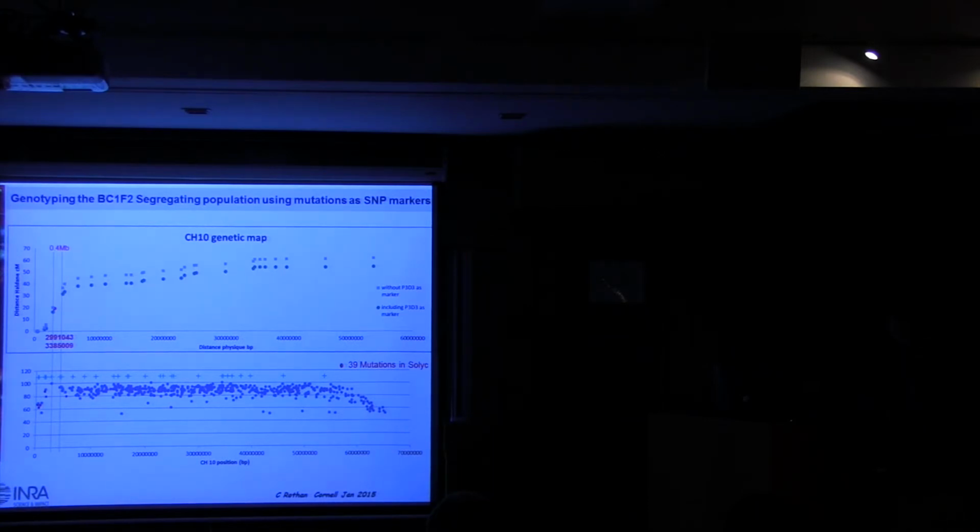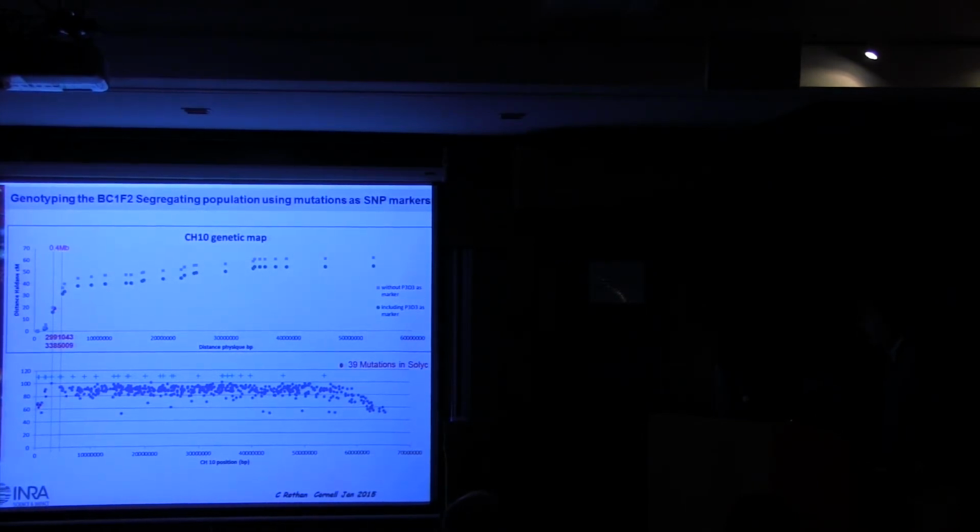But we knew that the mutation was there. What we did in that case is to go back to the data and look at all the different mutations, because EMS is known to cause base-base transitions, but we know, and some other groups did the same in tomato, that you have not only transitions, you also have transversions and indels.